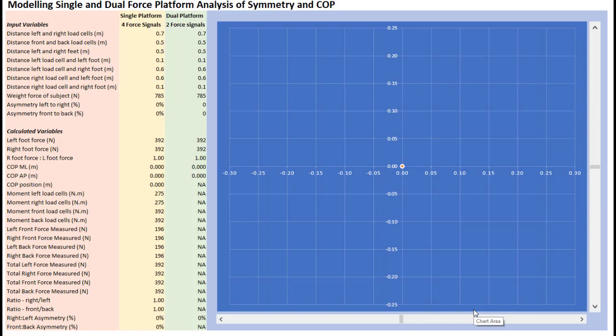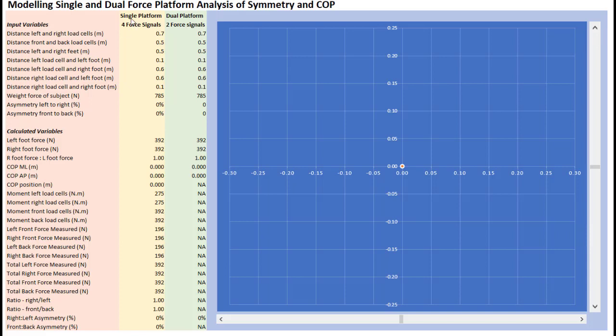0.5 of a meter across here. And also within this, two force plates side by side. So if you like, split down the middle here at this zero line, with one force plate here and one force plate here. For the single force plate, I have modeled it as having individual load cells in each corner, each providing a force signal.